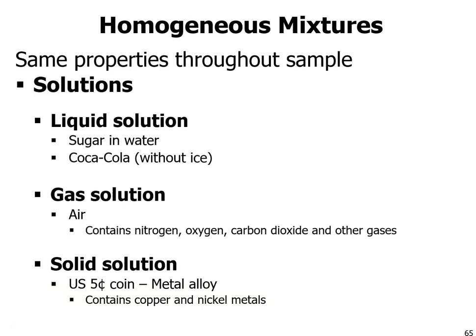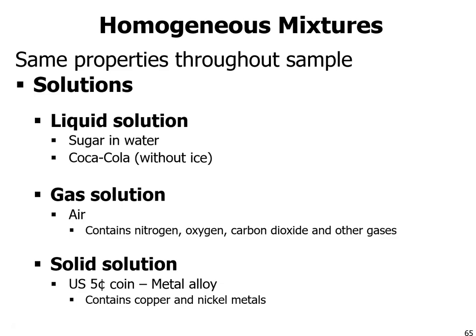So liquid solutions, like our soda we were talking about, or sugar water, would be a homogeneous mixture, when you can't pull out where's the sugar in there versus the salt versus the flavoring. It's all mixed together. Obviously, if you added ice, then that would be a heterogeneous mixture because you could pull the ice out and separate it from the liquid.